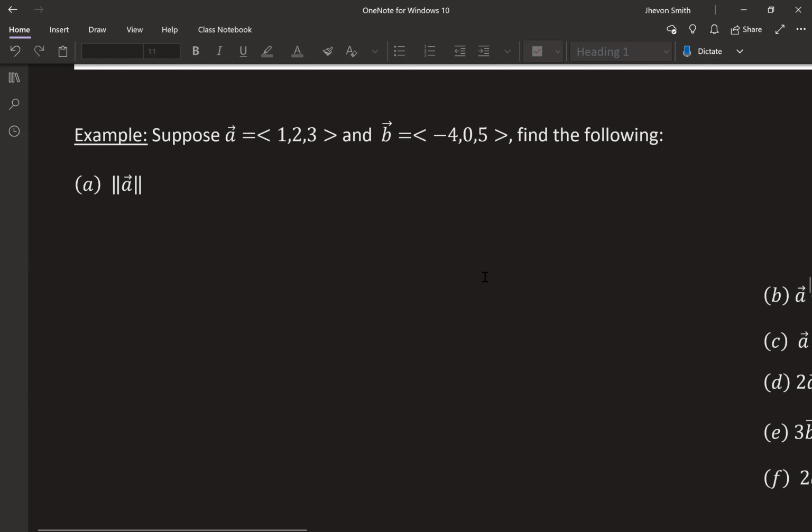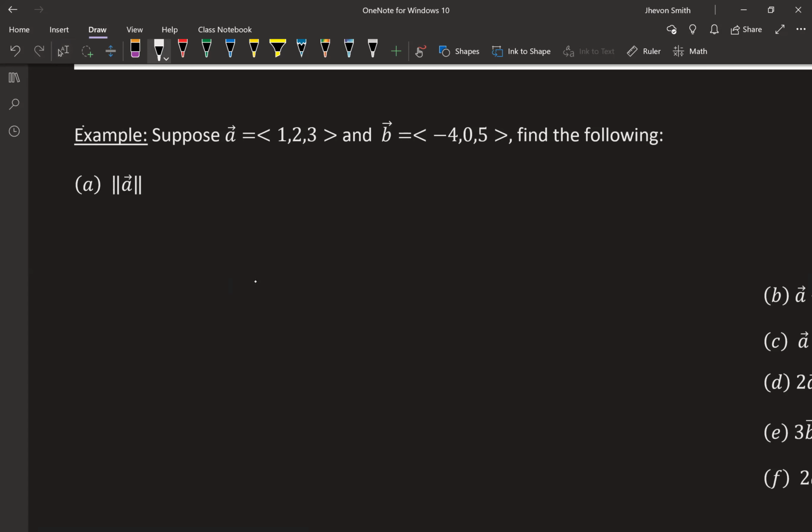A is the vector 1, 2, 3. B is the vector -4, 0, 5. If that is the case, what is the magnitude of A? Sorry. So, I mean, there's not much to actually say here. So this is just going to be the square root of the sum of the squares of the components. So this was a formula that we had last time.